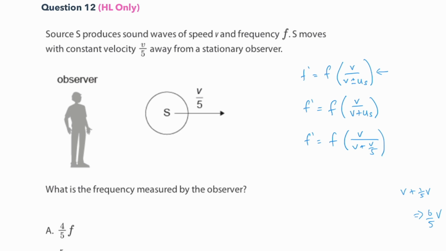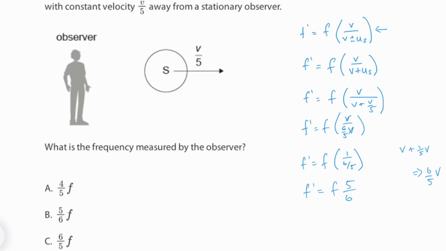So let's put that into the denominator instead of that. F dash equals f v over 6 fifths v. These v's cancel out. So we've got f dash equals f 1 over 6 fifths, which takes us to f dash equals f 5 over 6. So the answer is B.